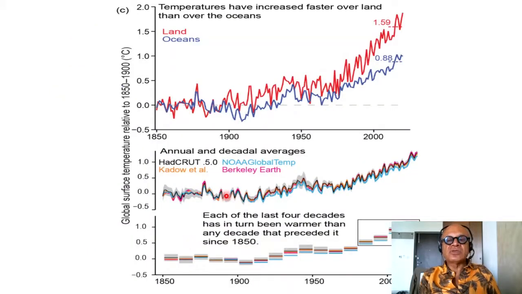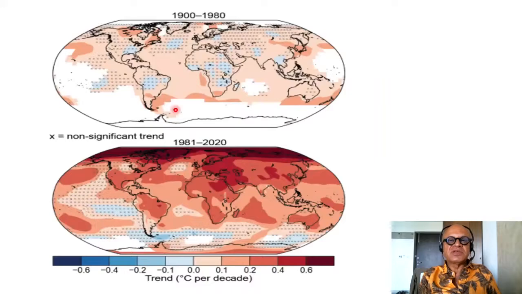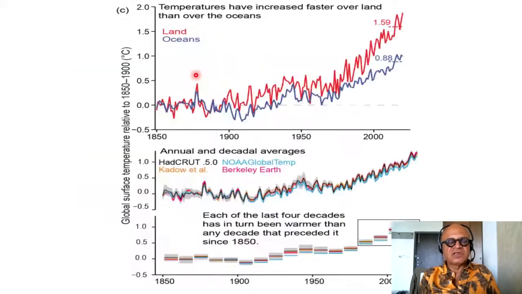And the other thing to remember is that if we look at the impact of humans, this is showing temperatures have increased faster over land than oceans. So this is showing land and ocean trends with respect to this base period. The base period here is the same.